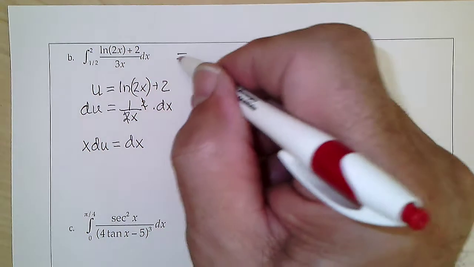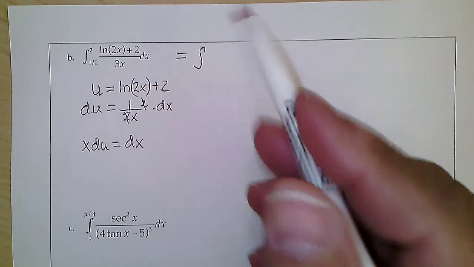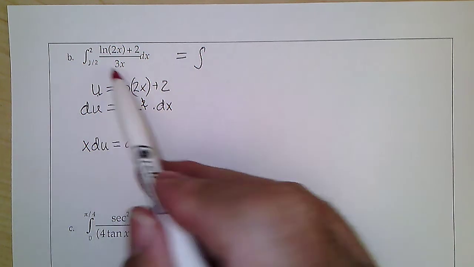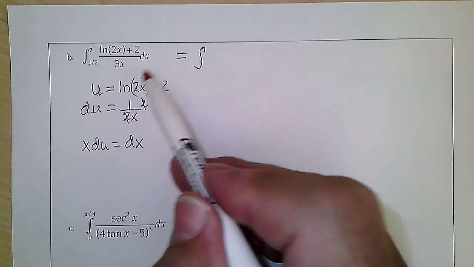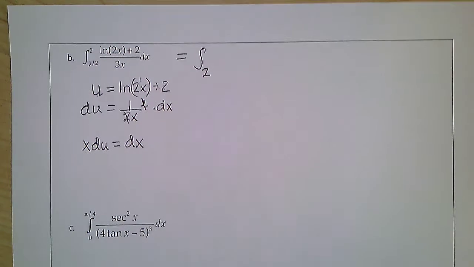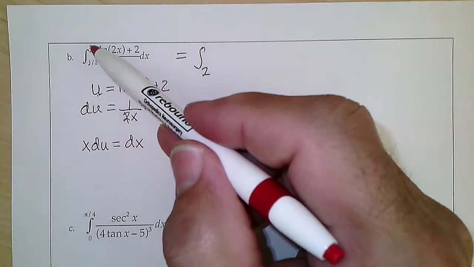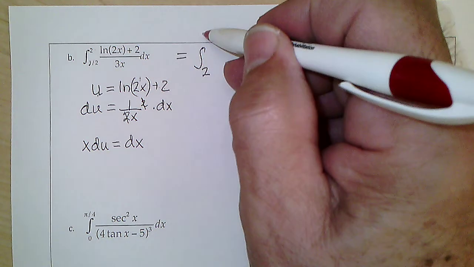So this becomes the integral, and since I'm changing to u, put a half in here, and 2 times a half is 1. ln of 1 is 0, plus 2 is 2. And then if I put 2 in there, I get ln 4 plus 2.